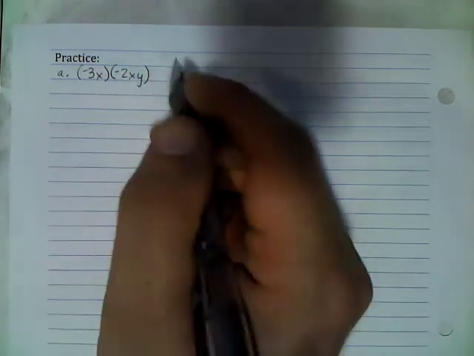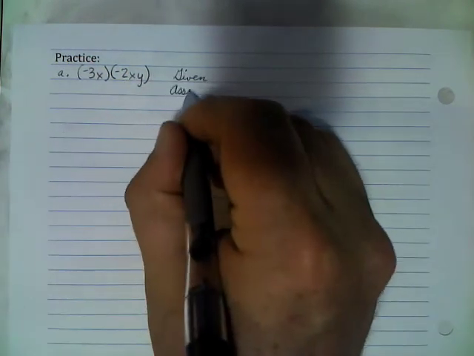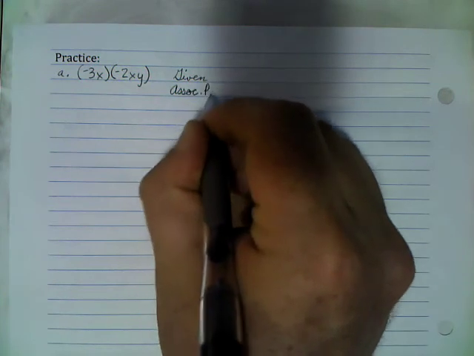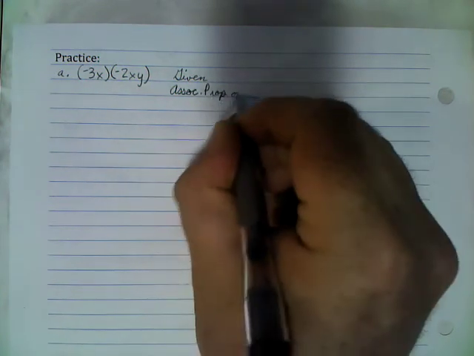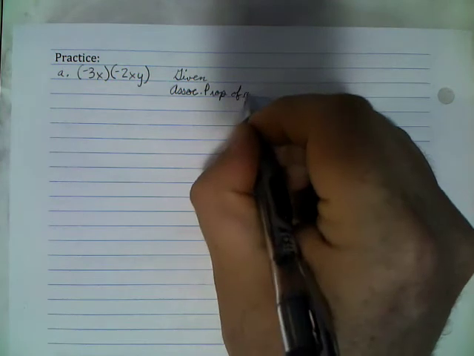Now, like we did in a previous lesson here recently, we are going to use the associative property of multiplication. Oop, and that's a title, so that should be a capital M for multiplication. Associative property of multiplication will allow us to change the associations.